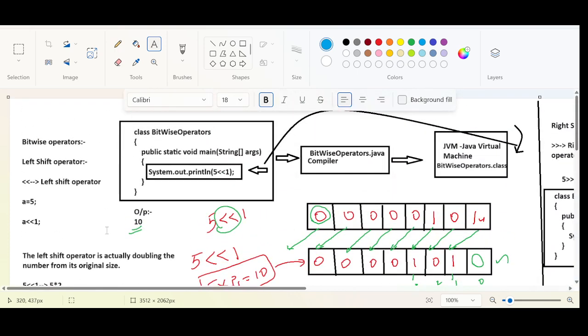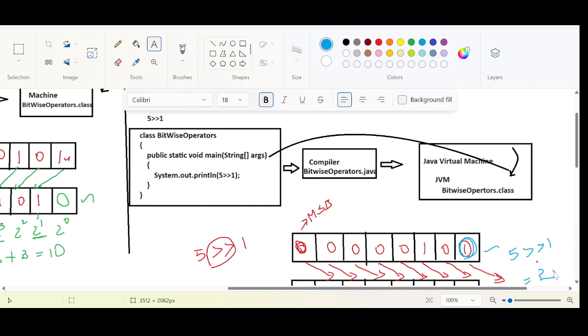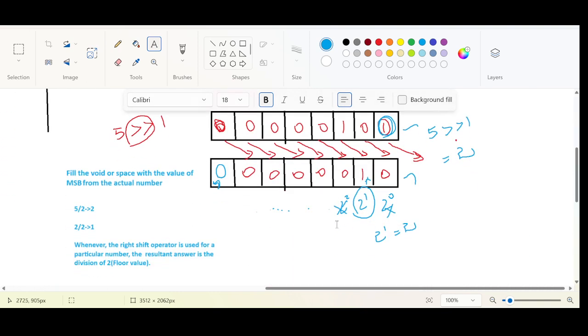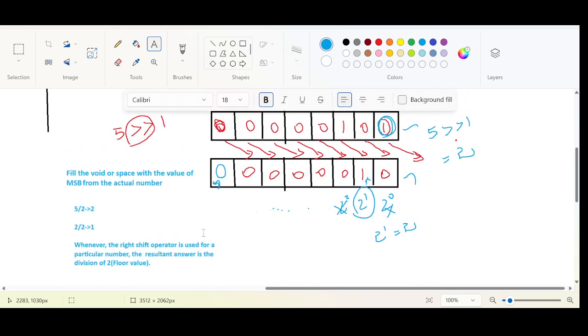For the left shift, it is the multiplication by 2. For the right shift, it is the division by 2. So this is an algorithm hidden deeply inside. So this is the conclusion.